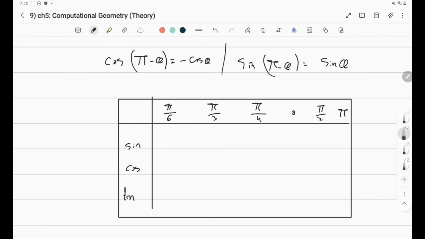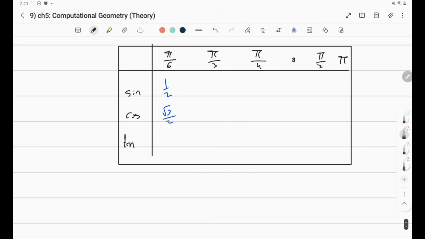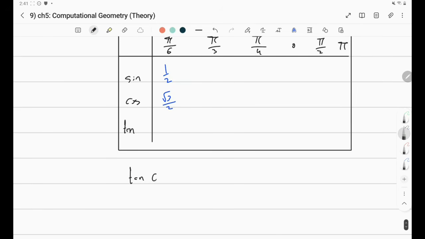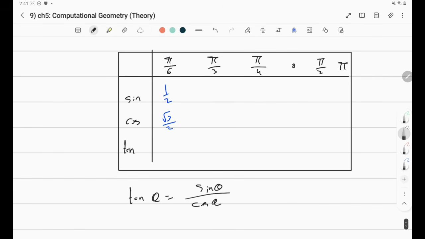You should be able to just get these. So sine of 30 is just half, cosine is root 3 over 2. And to find the tan, remember, tan theta is just sine over cosine, and hence you can just divide this and get 1 over root 3. Here, the opposite. For 60, you just flip: root 3 over 2, here it becomes half, and the tan gets flipped as well.